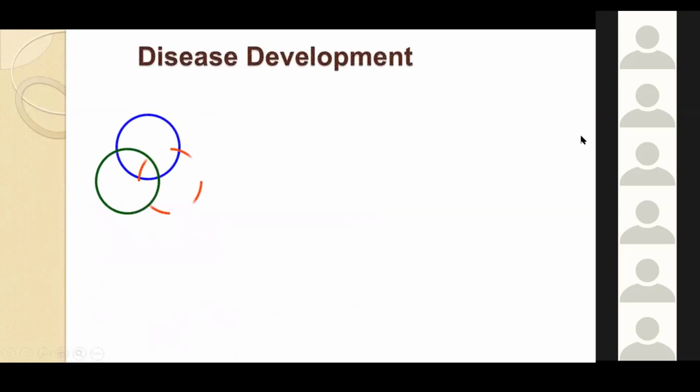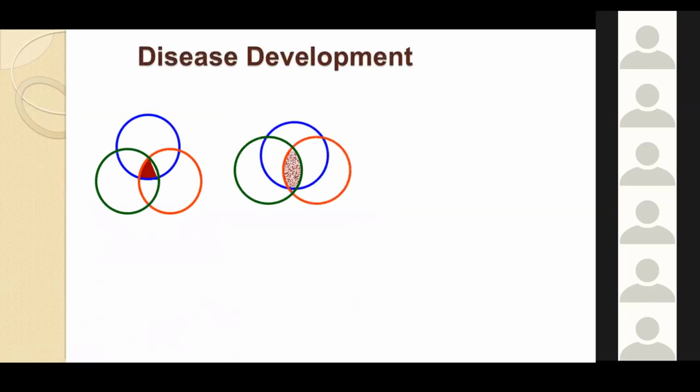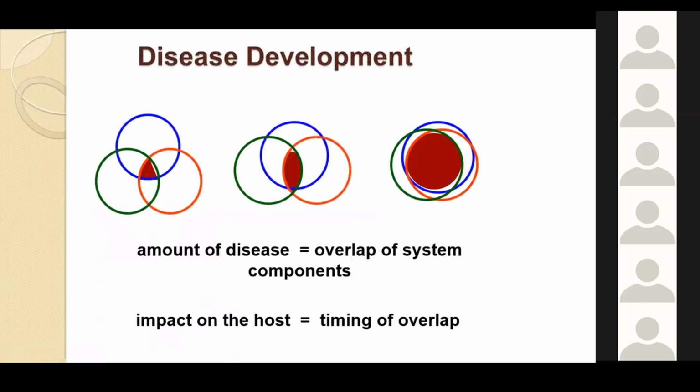So, again, like I had mentioned, the amount of disease development really is dependent on how much these systems all overlap. And that's how much disease we'll get. But the overall impact of that disease on the host, that's very dependent on when this overlap occurs in the plant's lifespan.